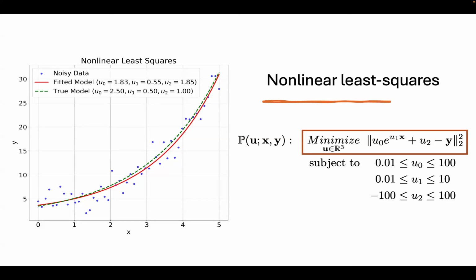Then your x and y of each of your noisy data points are the x and y sets here. And we've just added some inactive constraints, but you don't know they're inactive until you solve this problem. And you get the red line as your answer. Your u0, u1, and u2 lead to this red line, which is the best line of your noisy data points and will be a close enough approximation of your true model.